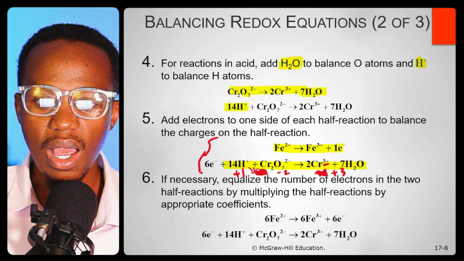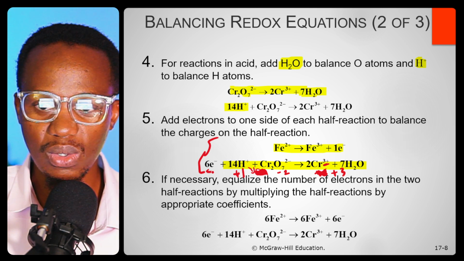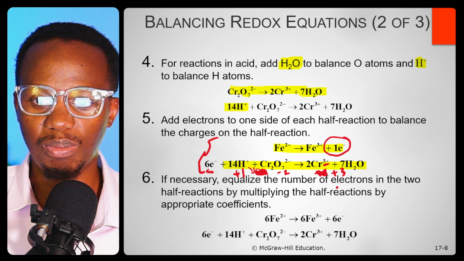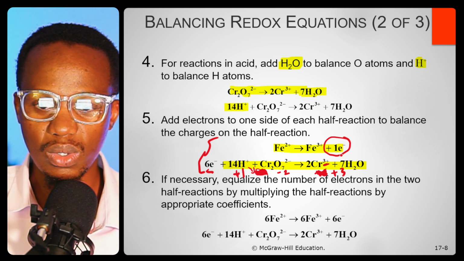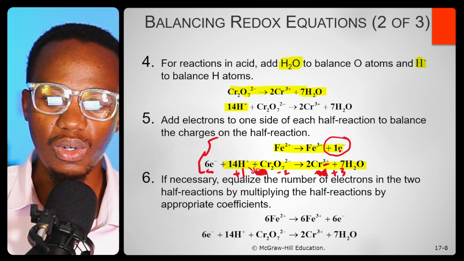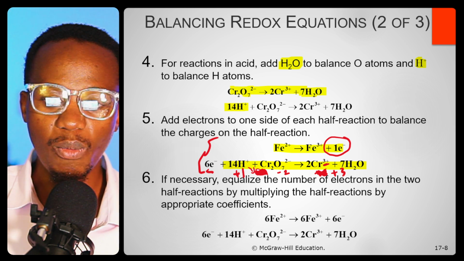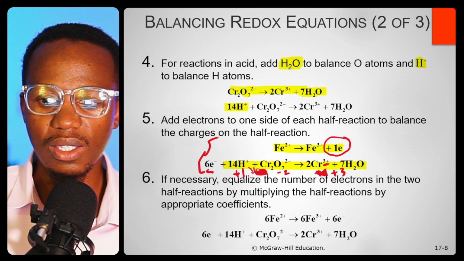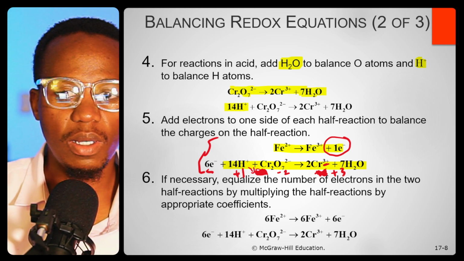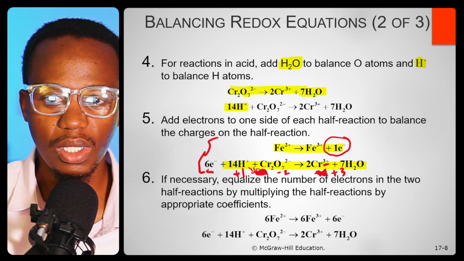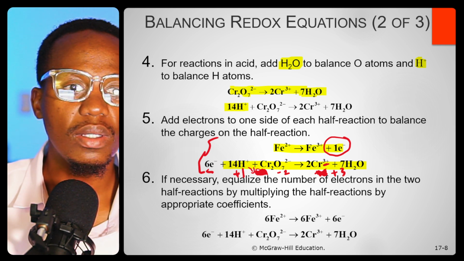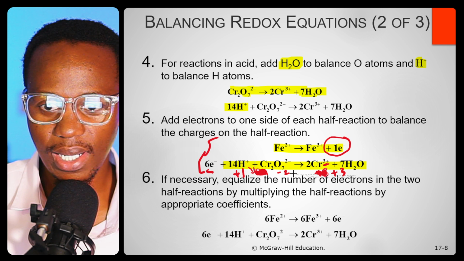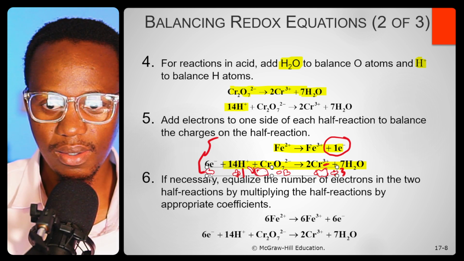So you add 6 electrons here in order to balance, but then this one also has to multiply with 6 electrons. All right? So we are going to make sure that all of the electrons are going to be canceling out. But hold on, let's make sure that we're actually not confusing ourselves. I think I said something wrong here. All right, so let's dial it a bit back here.